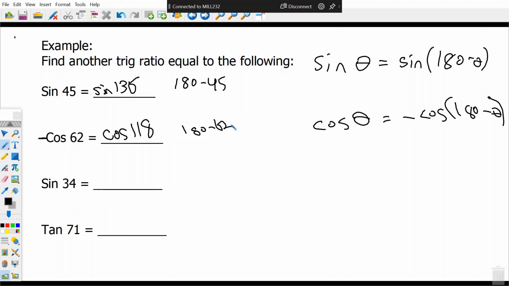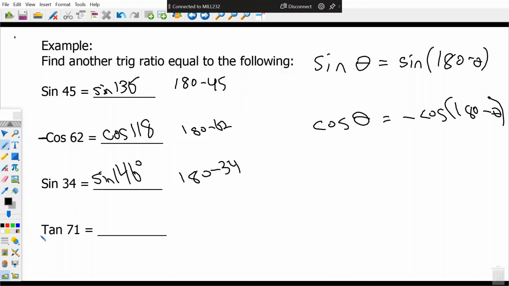The third one has sine. So sine of 34, again, we know sine is equal, so we just go 180 minus 34, 146, sine of 146.